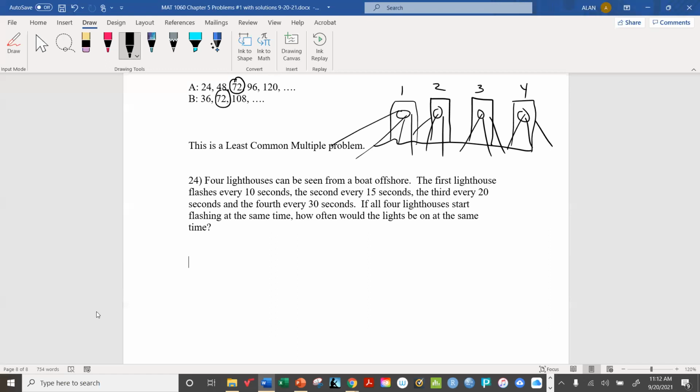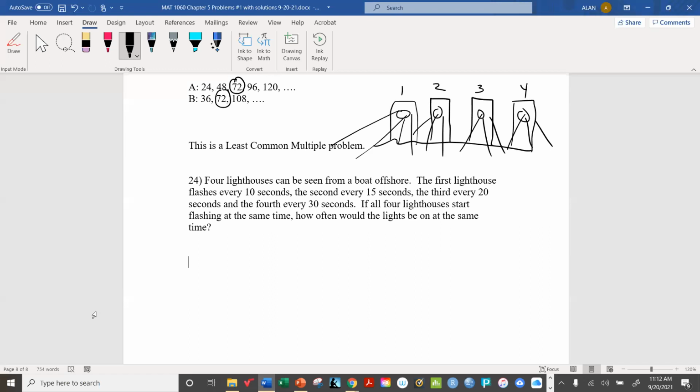So what are we looking for? We want to know, if they start at the same time, how often will they flash again at the same time? Well, let's see. Okay. Looks like they all will flash in 60 seconds. No matter how many times they flash, all of them will flash together in 60 seconds. It will not happen sooner than that.